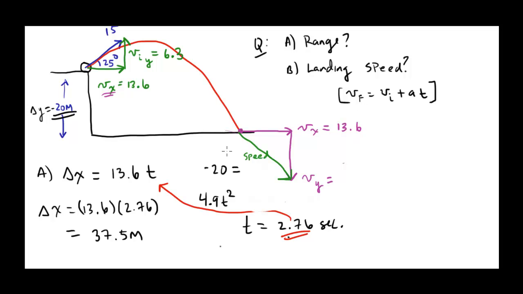So this Vy is going to be my initial y velocity, V initial y. What's my V initial y? Well, that was 6.3, plus a. Well, a is negative 9.8, so I'm going to say minus 9.8 times t. What's t? Well, it's 2.76.